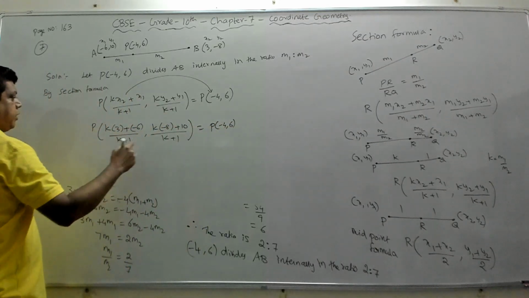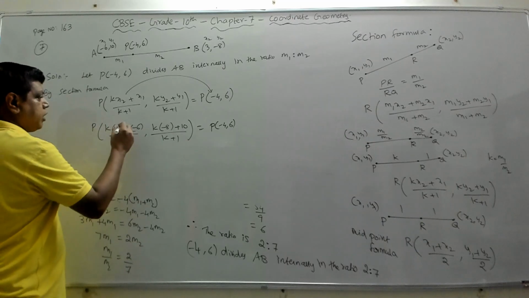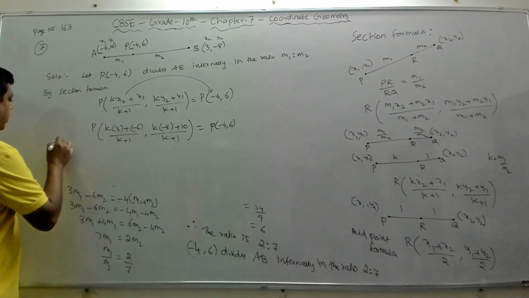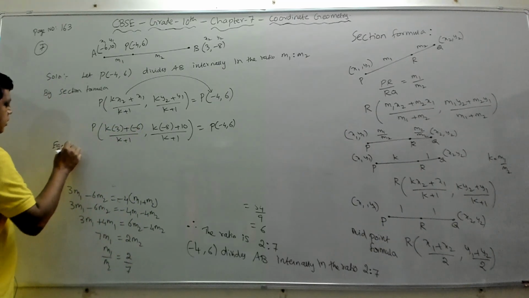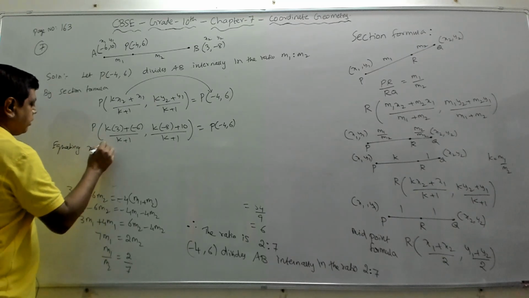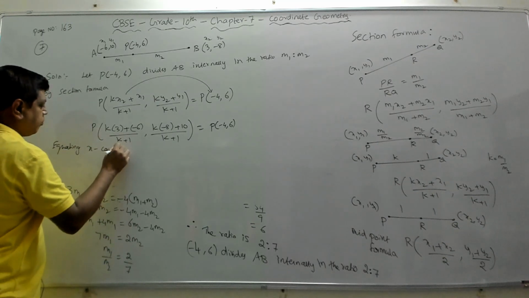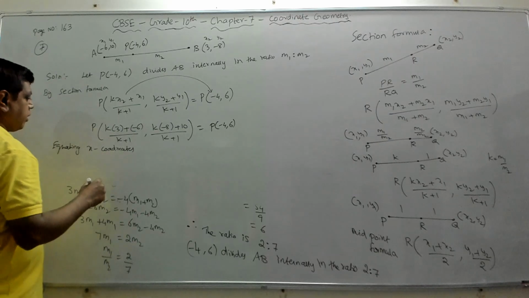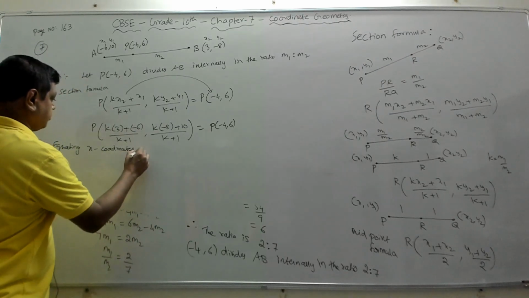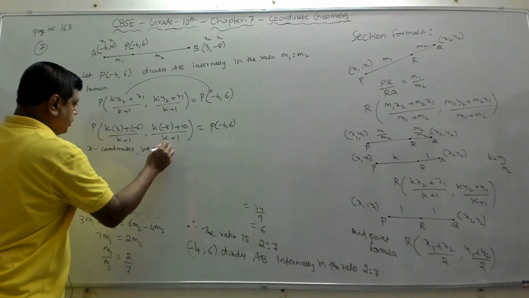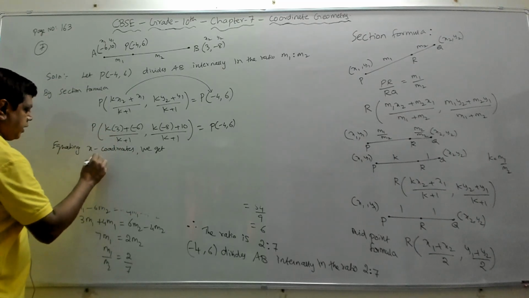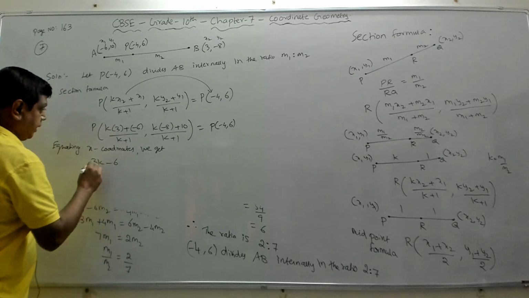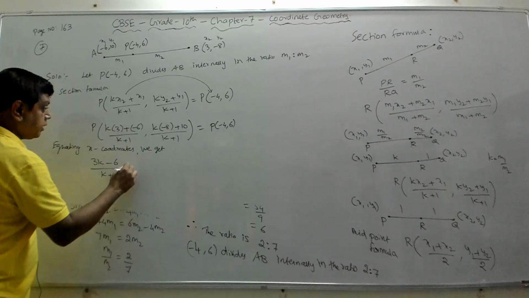Now let's equate it. Now what do we get here? If we equate the x coordinates, we get 3k minus 6 by k plus 1 is equal to minus 4.